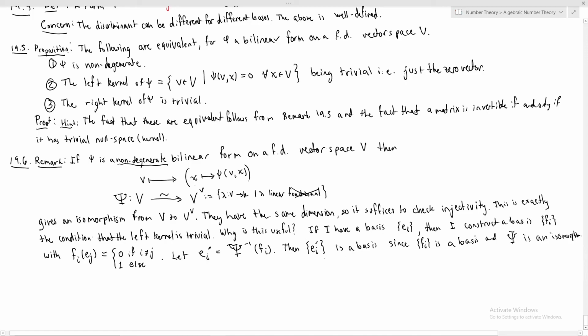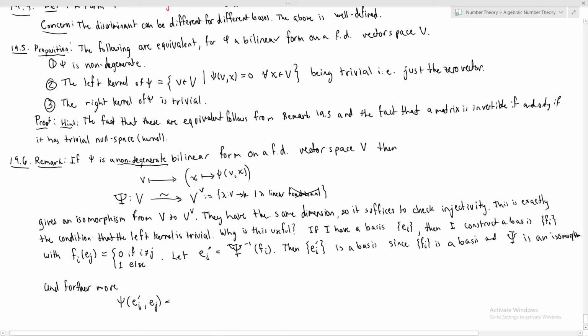The second condition is I can actually tell you what the bilinear pairing is on the e_i's and the e_i primes. I would want psi of (e_i prime, e_j).